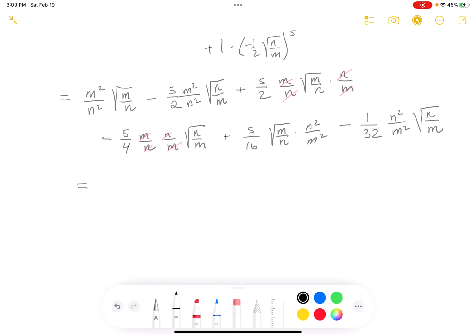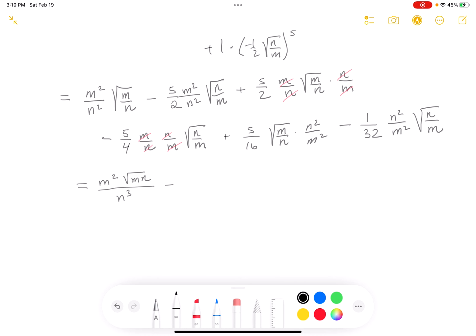So let's see. M squared root mn. I'm doing the first term now. N cubed. Minus, let's take a look at this one over here.